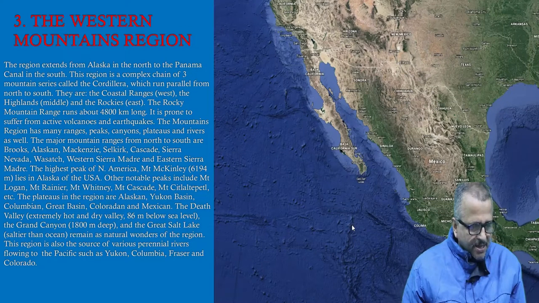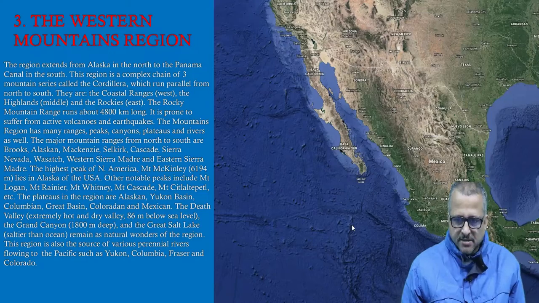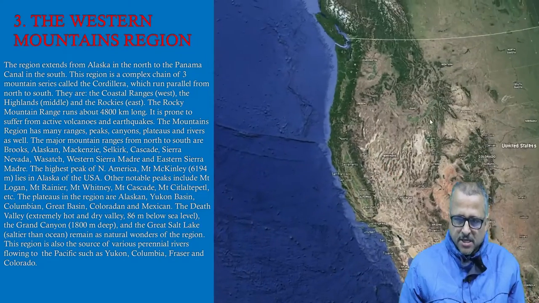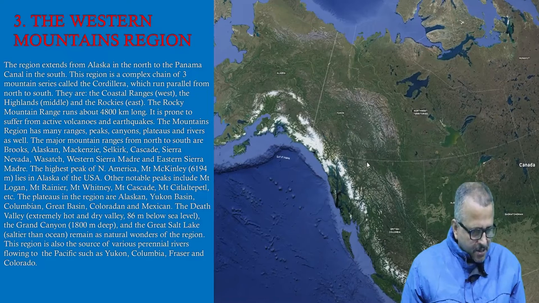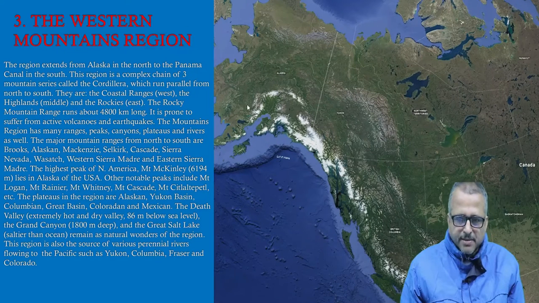The main mountain ranges of the south include the Brooks, Alaskan, Mackenzie, Cherokee, Cascade, and Sierra Nevada, okay, are the places you could see.